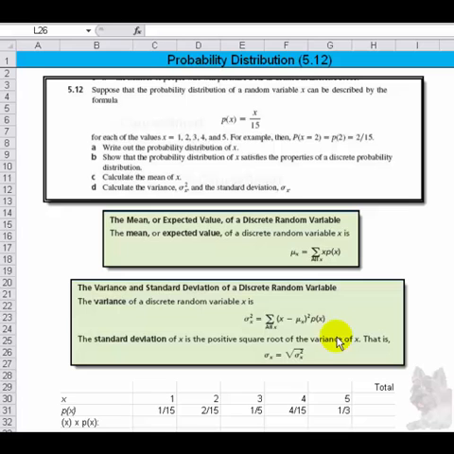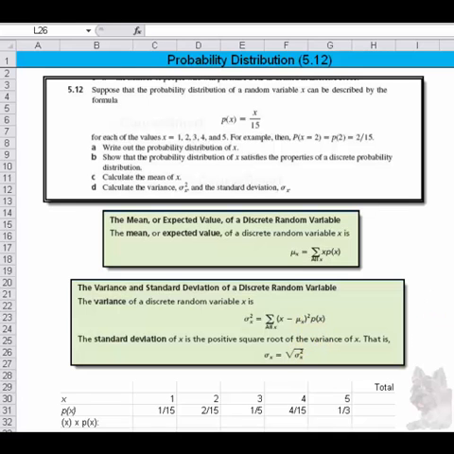The variance is the sum of x minus the mean or expected value, squared, times the probability of x. And the standard deviation is the square root of the variance.